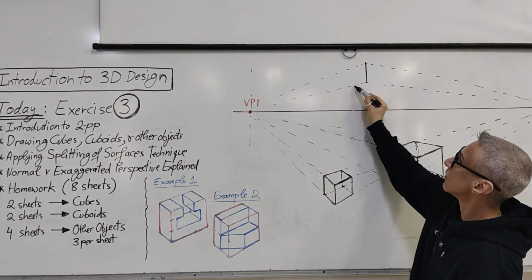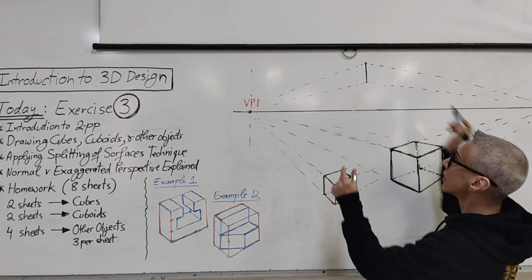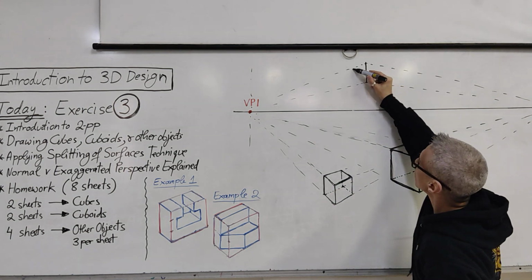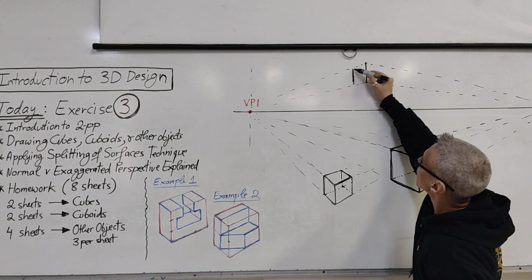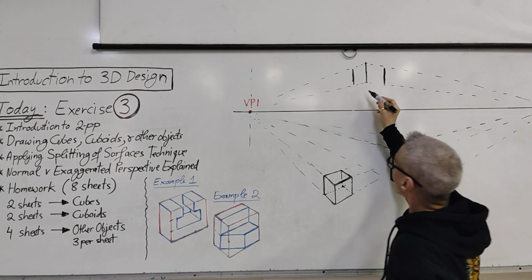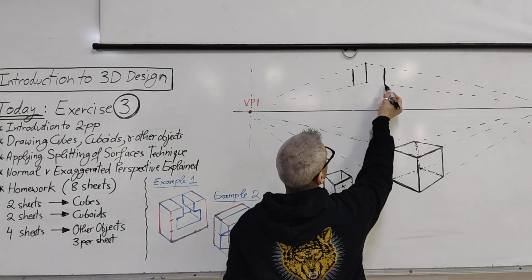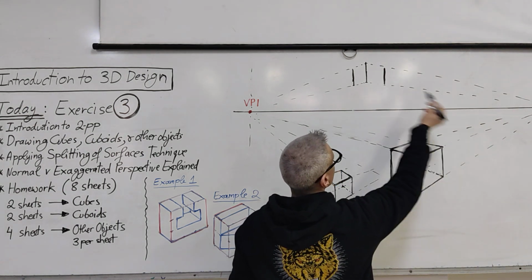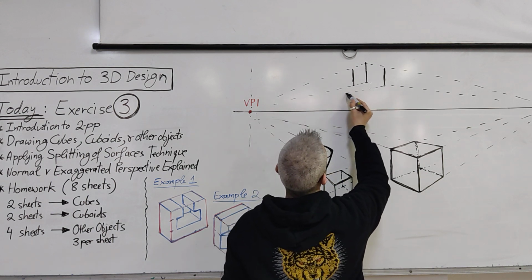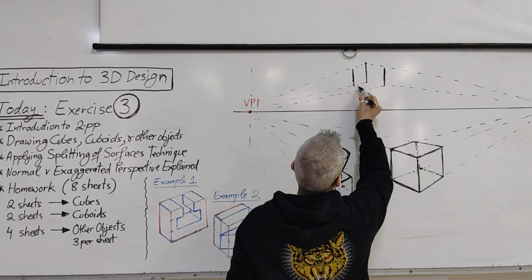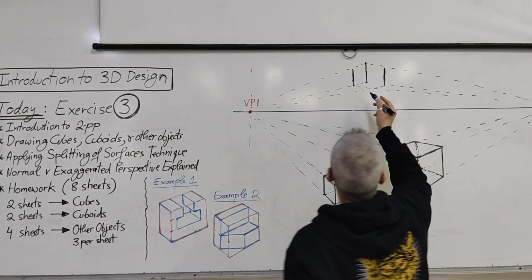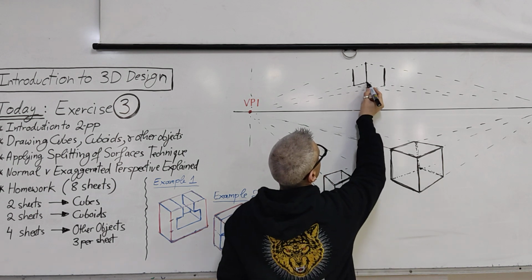That means this side here will be shorter than this side. Okay? So let us apply this rule here. And this we will make a little longer. Now, again, we take from each of the points, this point to that vanishing point, this point to this vanishing point. And we darken the object lines.